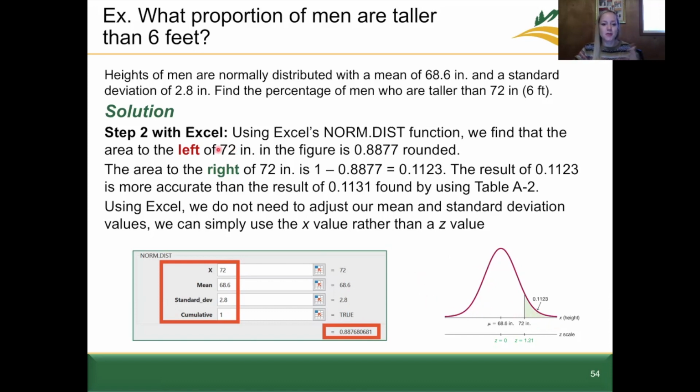So we have our cumulative area from the left. To get the cumulative area to the right, we're going to take 1 minus 0.8877. That result is 0.1123. That's our correct answer. Now we'll get a slightly different answer using Excel versus table A2, but let's talk through both ways of doing this.